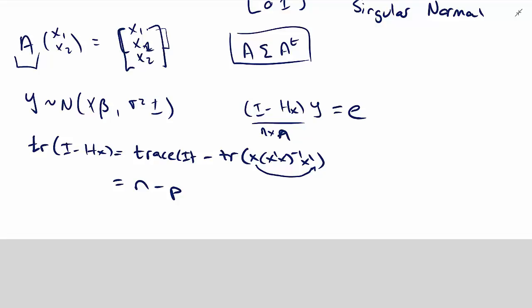Another way to see that the residuals can't be normally distributed is to consider the instance where we include an intercept. If we include an intercept, then the sum of our residuals is 0. However, for a normal vector, the sum has to be a normal scalar, and a normal scalar can't take a particular value with probability 1. So it can't possibly be normal if it has that kind of linear redundancy built into it.